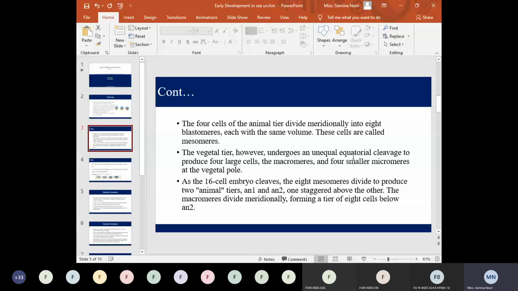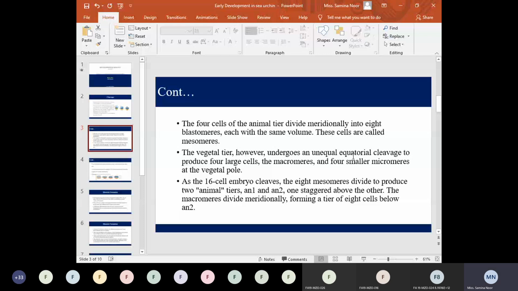The macromeres divide meridionally, forming a tier of 8 cells below AN2. So at the 16 cell stage, the mesomeres divide and produce two layers AN1 and AN2. At the same time, the macromeres lying just below the AN2 layer also divide meridionally, or vertically, forming a tier of 8 cells below AN2.